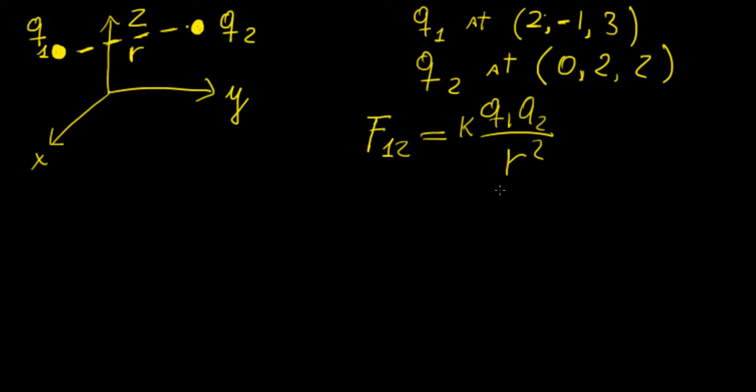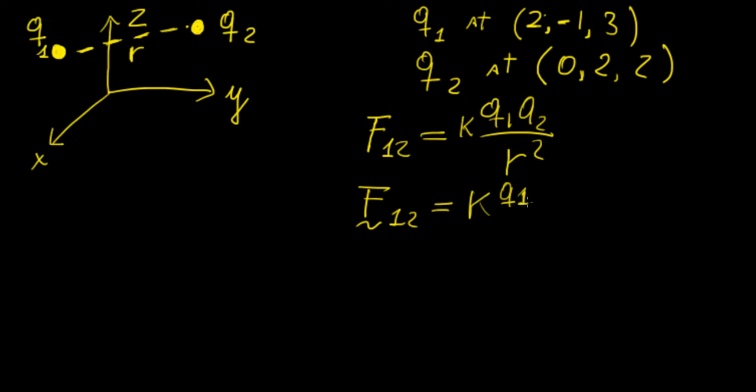Now this only gives you the total magnitude of the force. If you actually wanted to find the force between the two, this would be a little bit more complicated. But we can use the tools we have learned so far, because in order to turn this scalar quantity into a vector, let's say F12, all we need to do is multiply this magnitude by some unit vector.